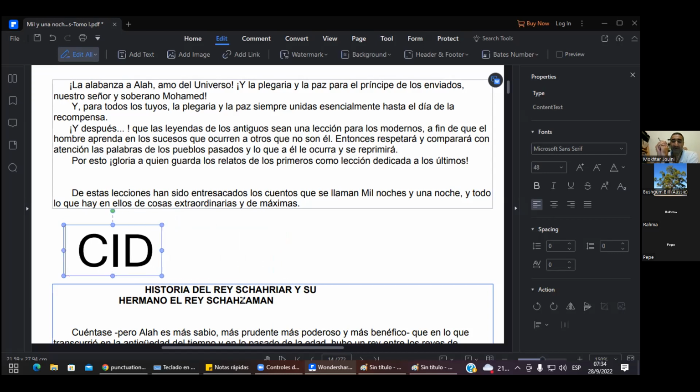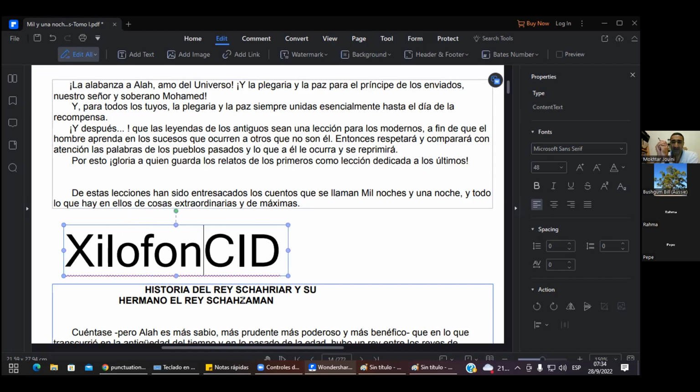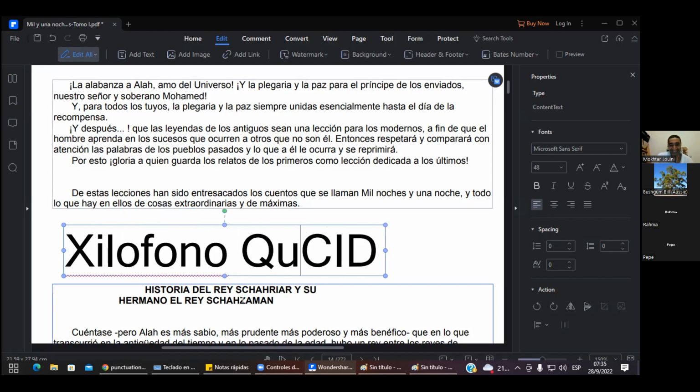Do you know the Don Quixote? The famous Spanish writer. The book Don Quixote de la Mancha. Exactly, Don Quixote. And Sancho Panza.